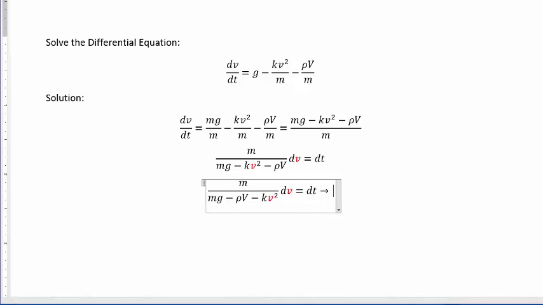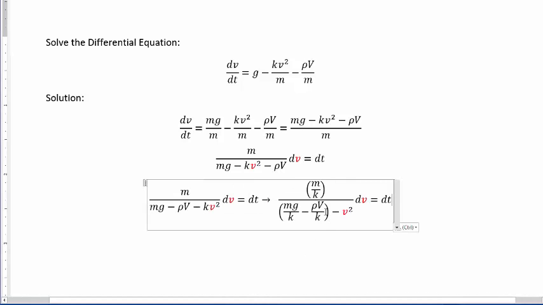And then I'm going to group the first two terms in the denominator, just so I can kind of recognize something out of this. And part of the deal is to get rid of this k as well. If we think about dividing both the numerator and denominator by k, we can get this a little bit simplified.